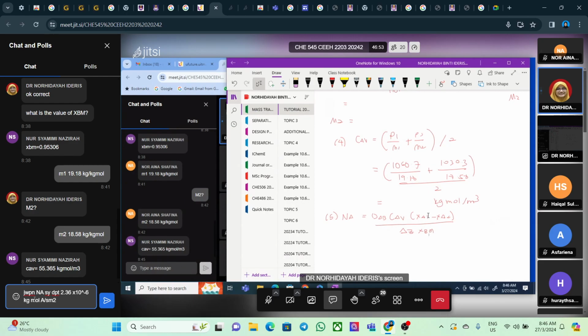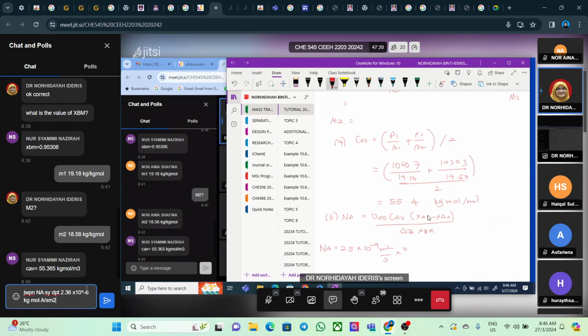CAV value is 55 point apa? 4 lah 365. Okay, so NA ni DAB dia berapa? 2.5 10 kuasa negatif 9 meter square per second.